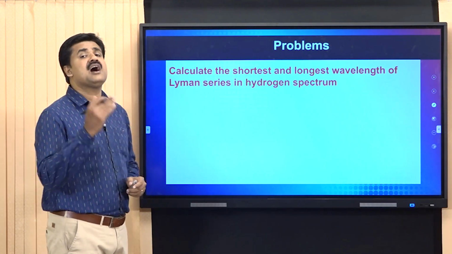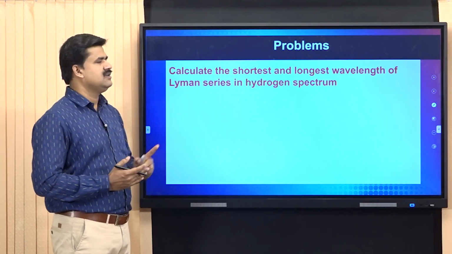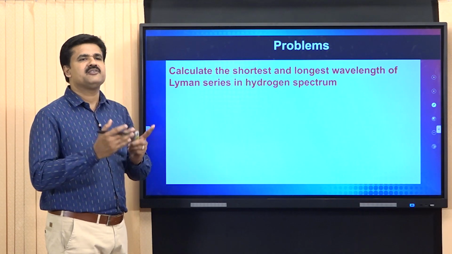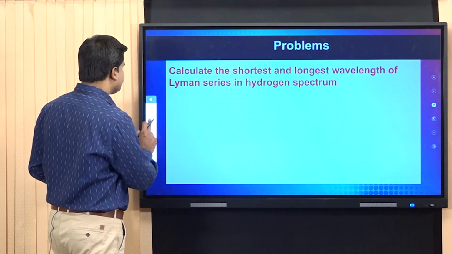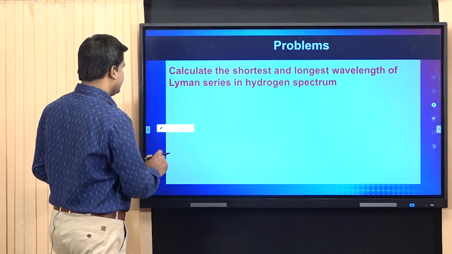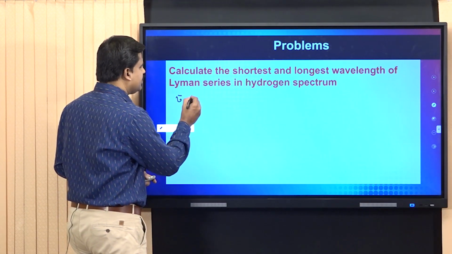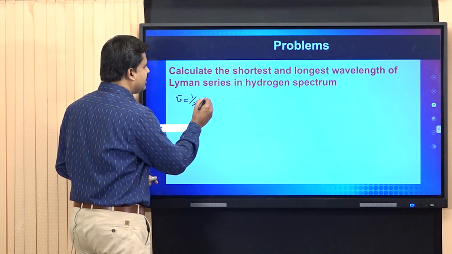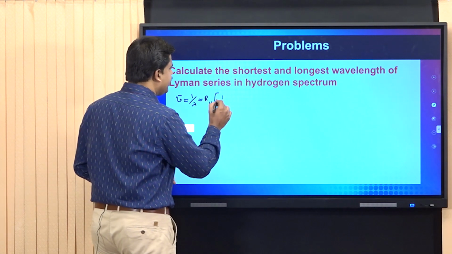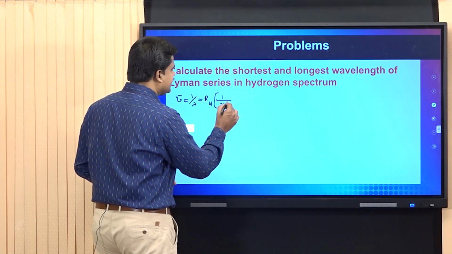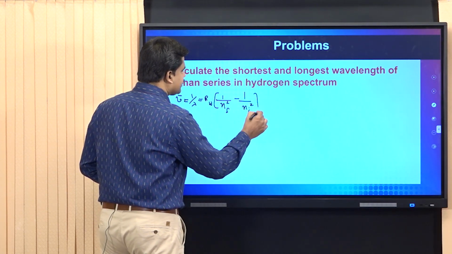We have to get the boundaries, the shortest wavelength and longest wavelength of the Lyman series. For that, we have to move strategically. The Rydberg equation used for this purpose is: nu bar, or wave number, equal to 1 by lambda equal to RH into 1 by n final square minus 1 by n initial square.